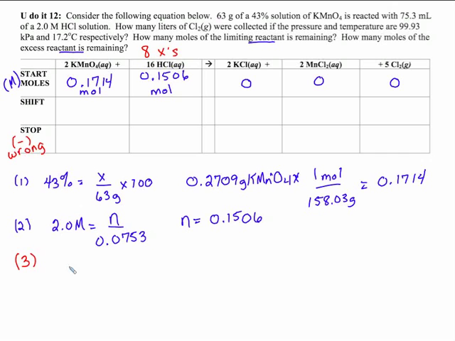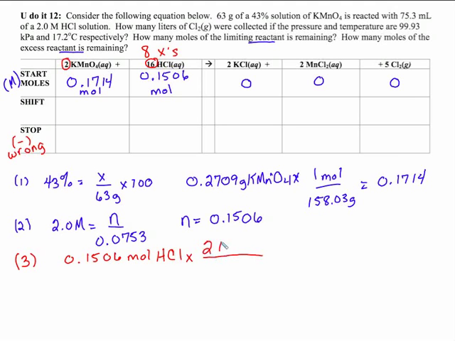We're going to actually calculate that if I have available 0.1506 moles of HCl, I'm going to find out how much KMnO4 I need. And we always relate one to another in the reaction based on those mole ratios.